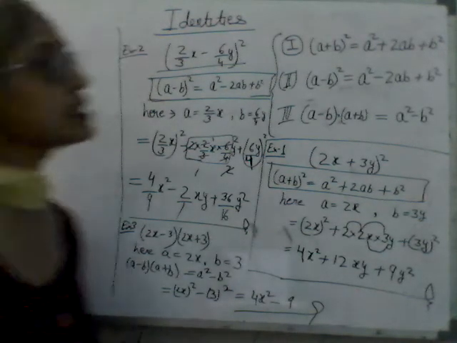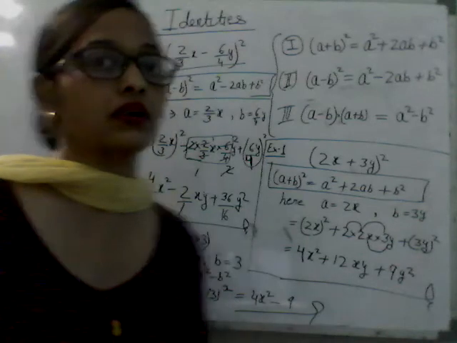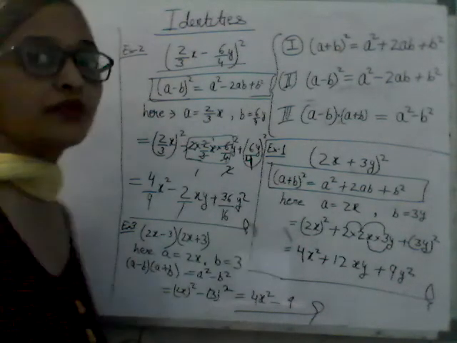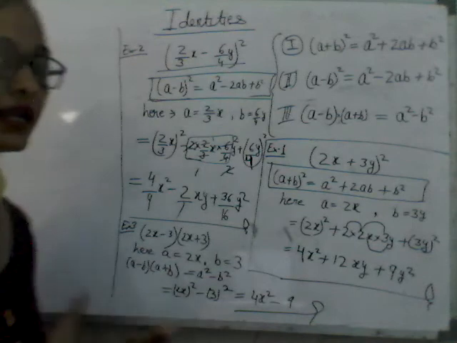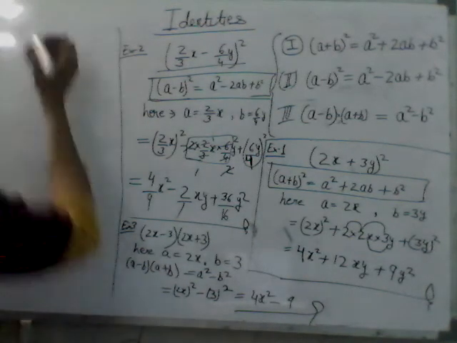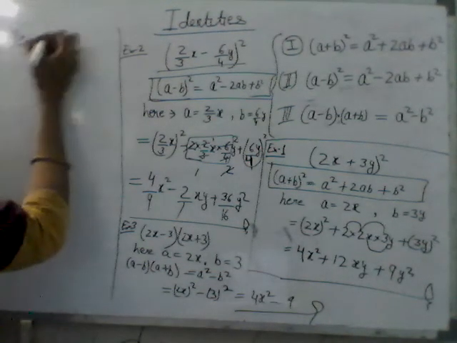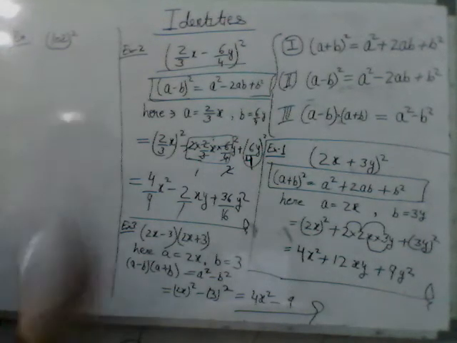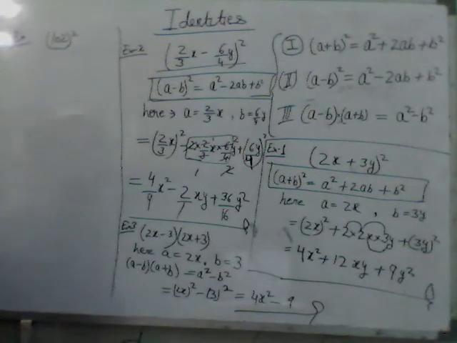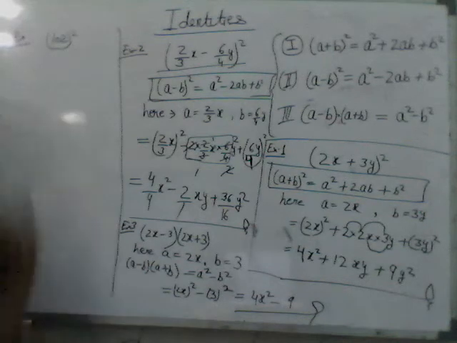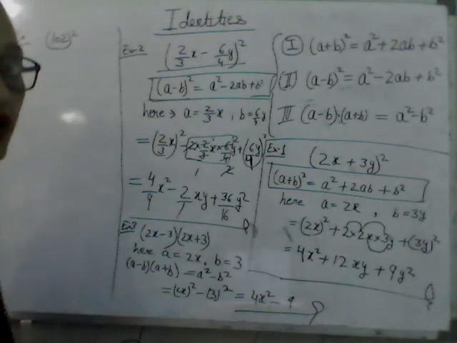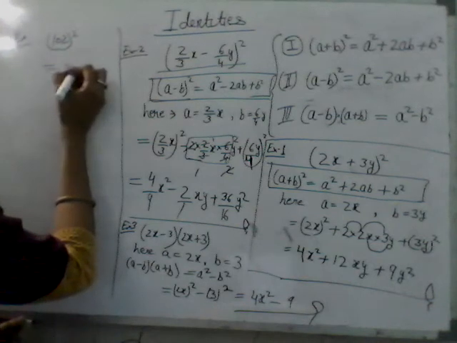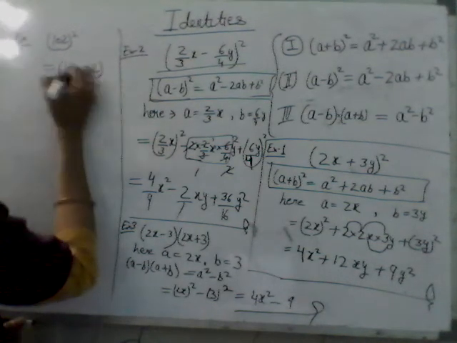Now we take some more examples by using these identities. This was in algebraic form. Now I take a number. Let's suppose 102 whole square. Here this is only the number 102. 102 is near about 100, so we can write this as (100 plus 2) whole square.